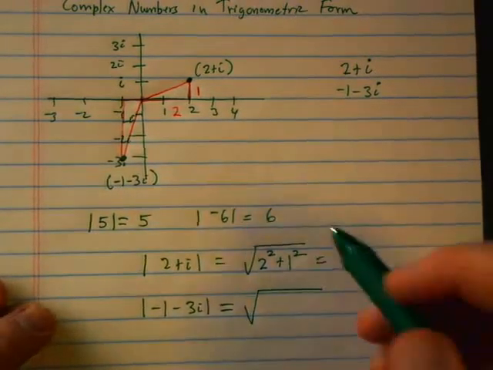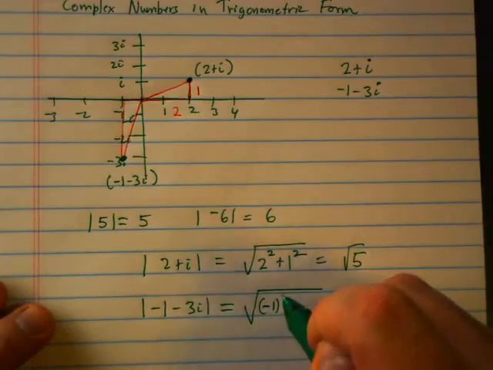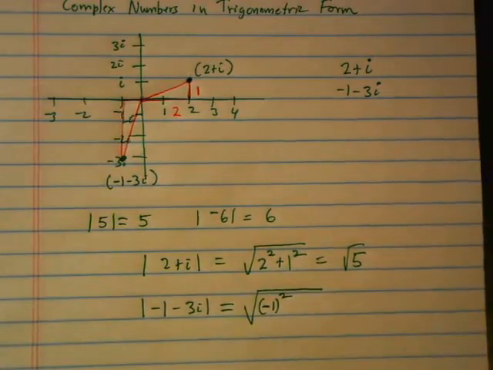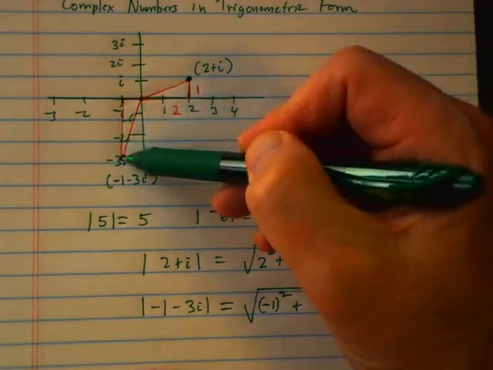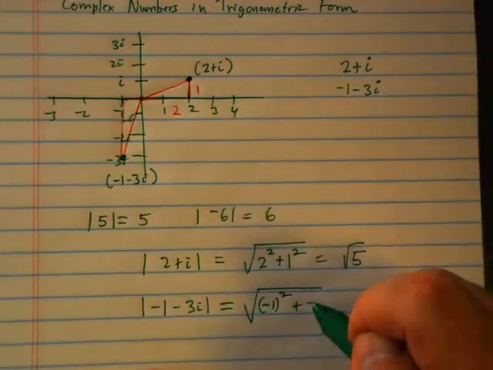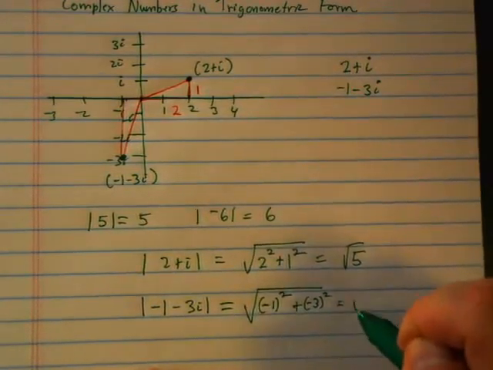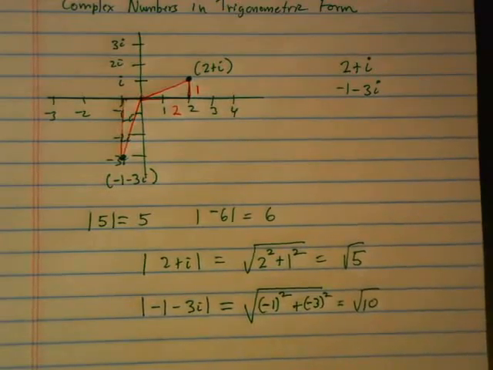It's really 1, but I'm going to write it as negative 1 squared, because if I square 1 or if I square negative 1, I get the same answer, don't I? Plus, how long is this? Negative 3, so I'm going to take negative 3 and square it. The absolute value of negative 1 minus 3i is the square root of 10. Questions on that? Okay.